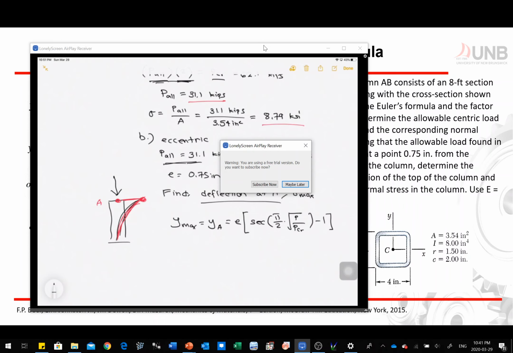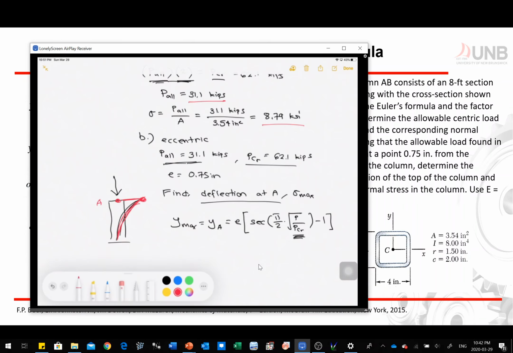Now, based on P over PCR, we can easily say that this is 1/2, based on the numbers on the top. So this value right here is square root of 1/2, minus 1. Now, your y sub A is equal to 0.75.